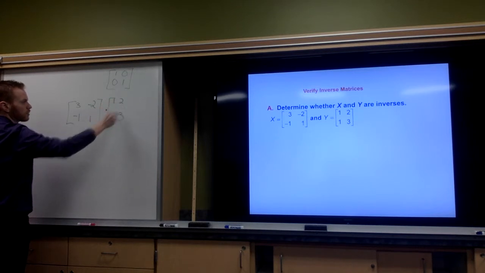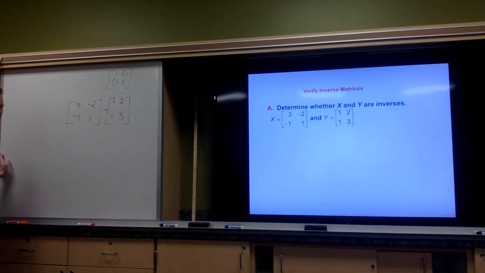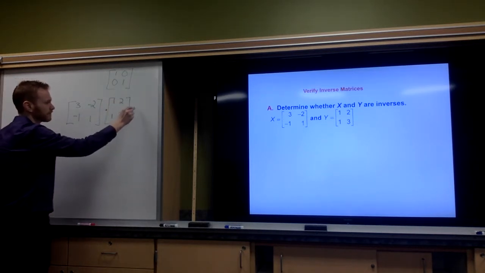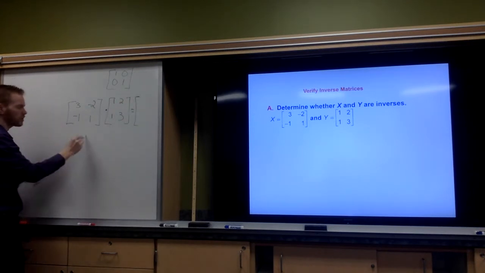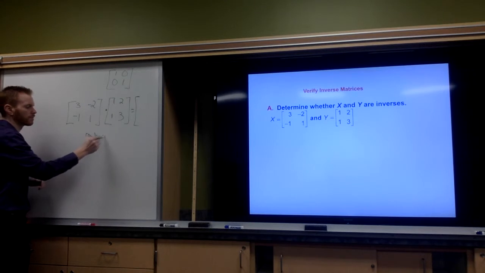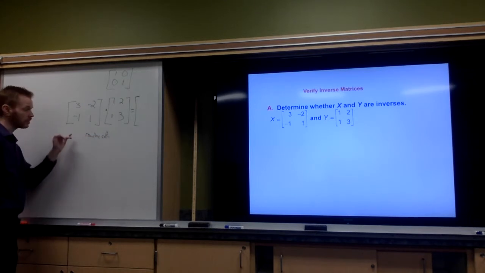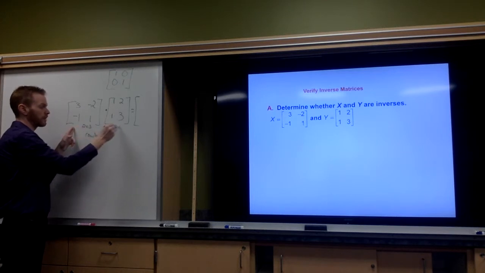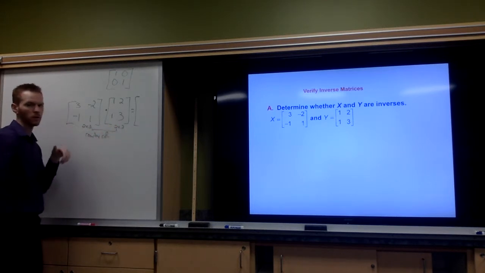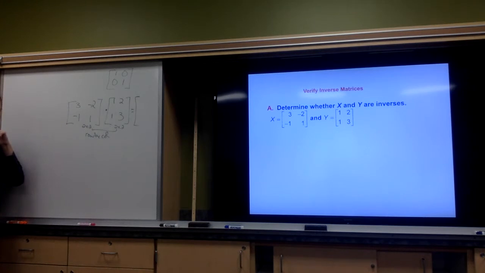We haven't done multiplication in a long time. I like to repeat myself for some reason today. It's always row by column. And remember, the inner dimensions have to match. Since we're only dealing with square matrices, I don't have to worry too much about this, but it's a good reminder.